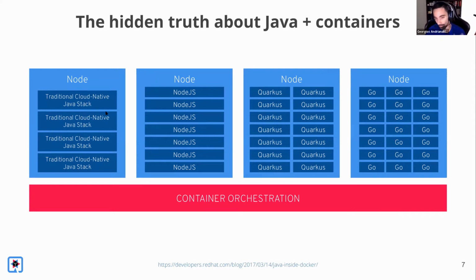Whereas if they moved to Node.js, they could run double the amount, maybe more, because Node.js took up less memory. So the idea with Quarkus is that we do a lot of work to cut down that memory as much as possible, so you can pack a lot more instances of an application or microservices into the same node. For the same amount of RAM, you can possibly have double the number or maybe more, depending on how you use a Quarkus application.